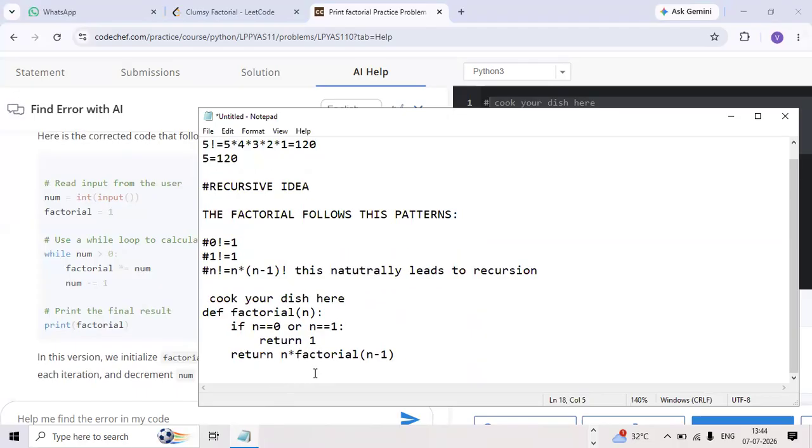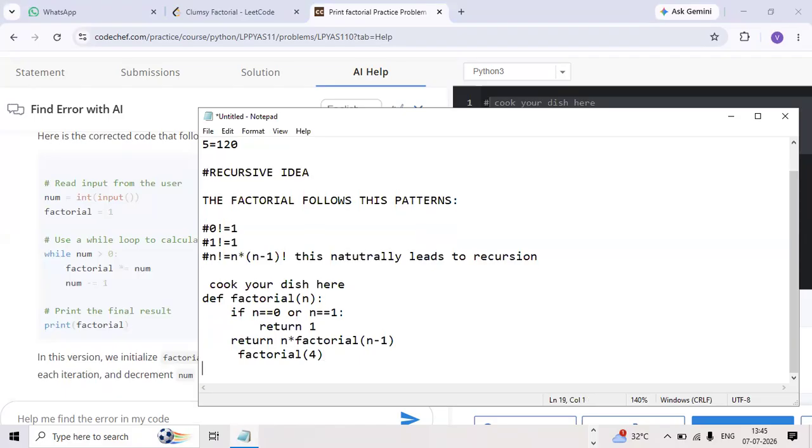To reduce the size. So we have to calculate the factorial of any number. For example, I'm taking the number as 4, because it's a small number and saves time.